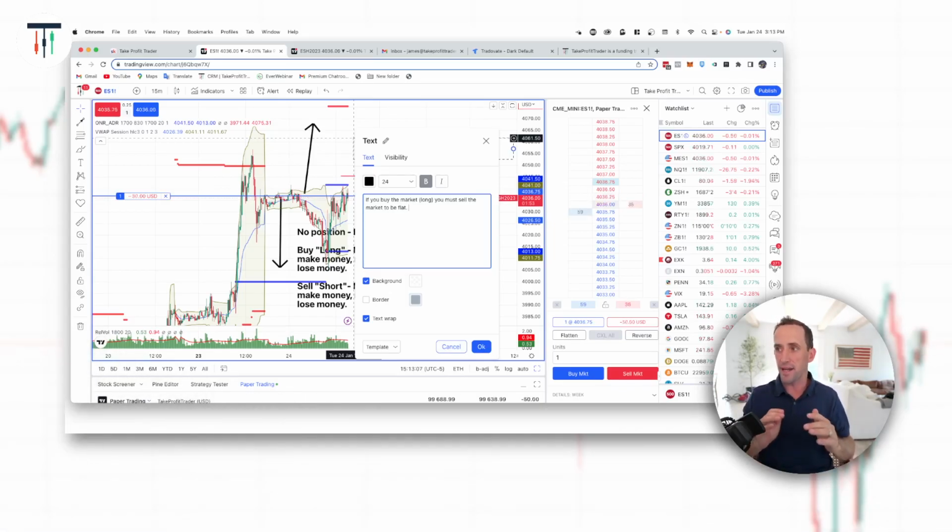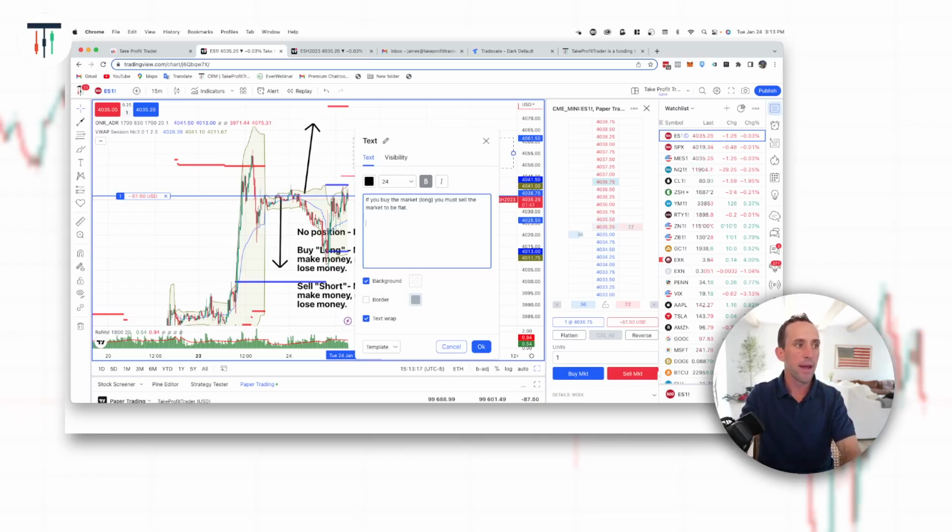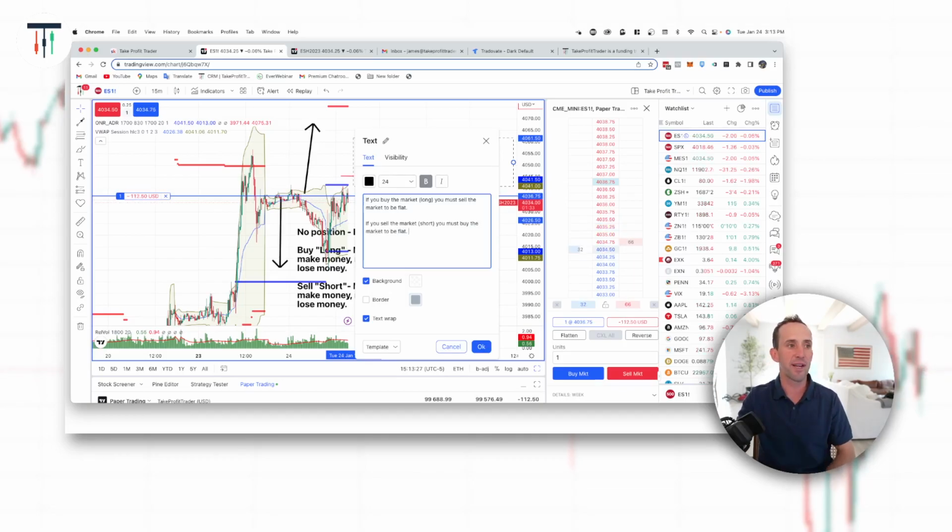No matter what, if you buy, you must sell to get out of the market. It's as simple as that. If you sell the market and you're short, you must buy the market to be flat, okay? It's very simple.